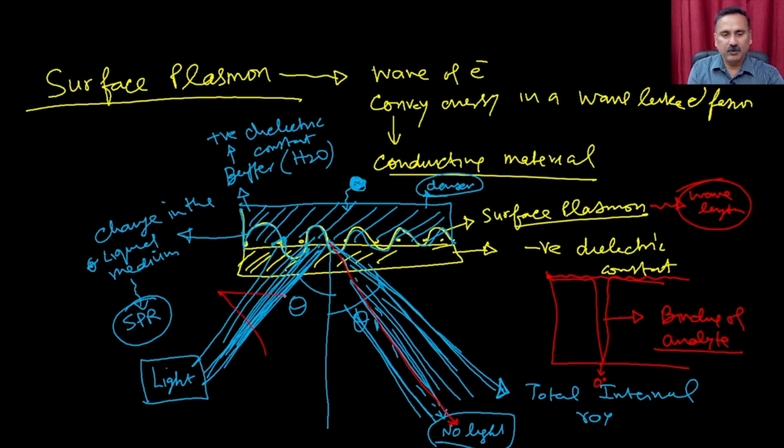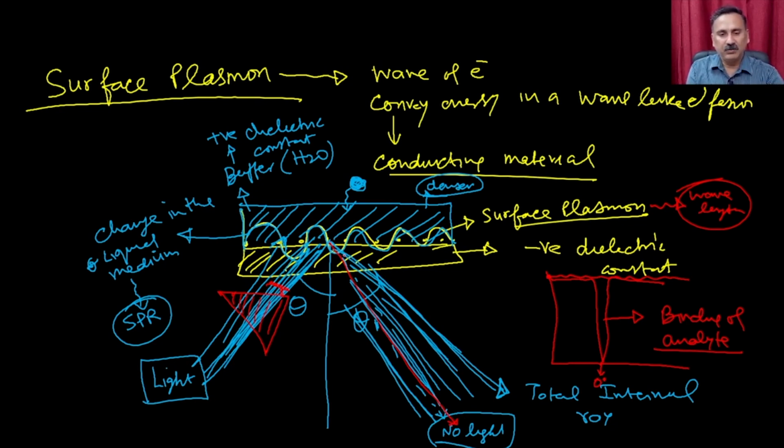You are putting a prism here, and with the help of the prism you are selecting a particular lambda of light through which you illuminate this complex. As you change this lambda, at a particular lambda the light is going to be completely absorbed by the complex which is present on the cell surface, and as a result you are going to see an absence of light.